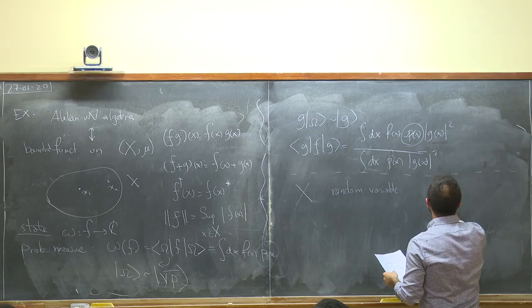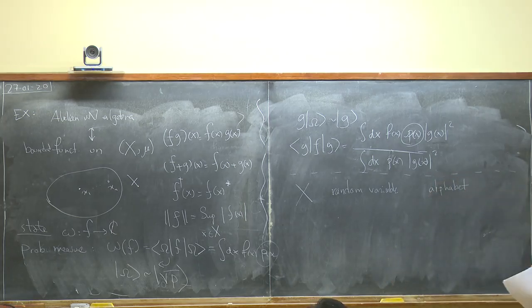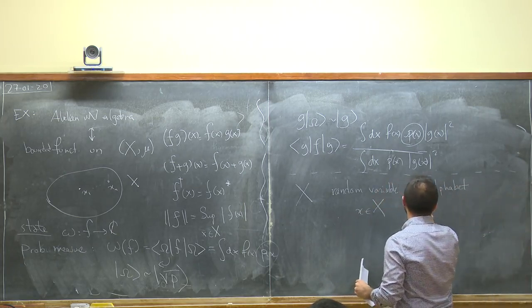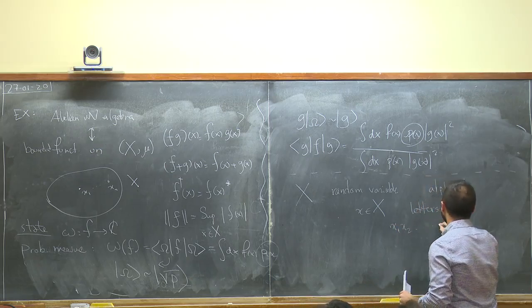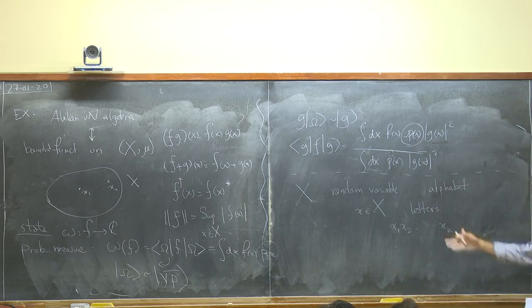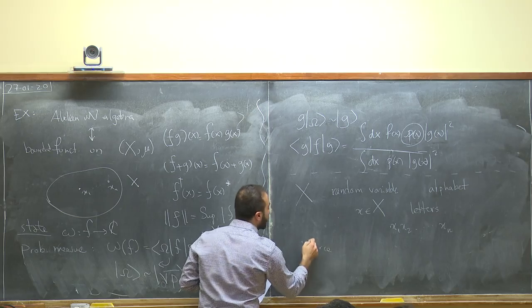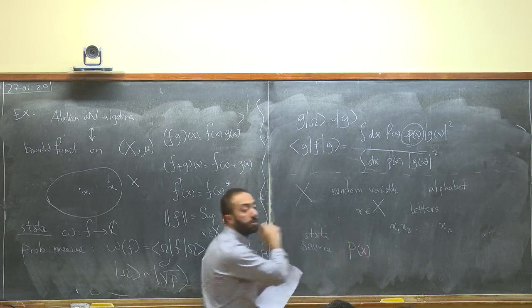Or if you wish, this is the alphabet in your information theory. The x's in X are your letters. Your messages look something like this, a bunch of x's. Your state is a source that produces letters with some probability distribution P of x.